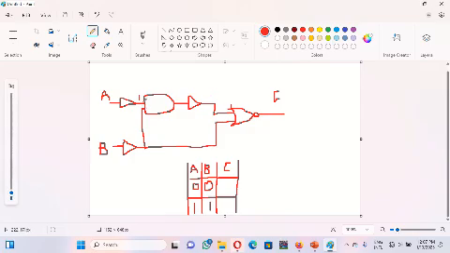You have to get the values for this input and that input. Don't forget we are dealing with the first set. If A is 0, I still have B to be 0 here. So I start with 0 as B. This is also a NOT gate where B is 0, so here becomes 1 as well.